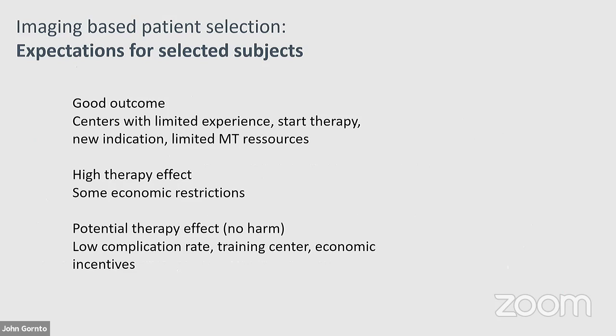Of course, it requires a low complication rate. It's nothing for new centers, and economic incentives are also important. So you end up either with treating few patients with high effects and good outcome, or just more patients with still a relevant outcome, or treat more or less everybody because there could be a chance that it's useful.